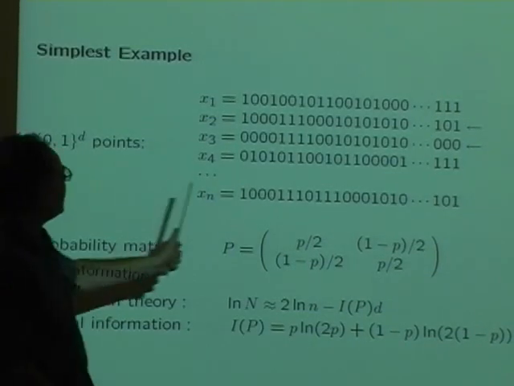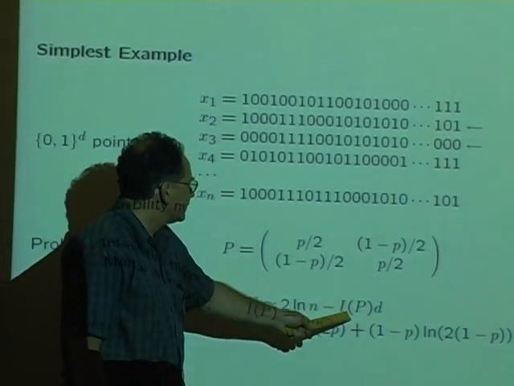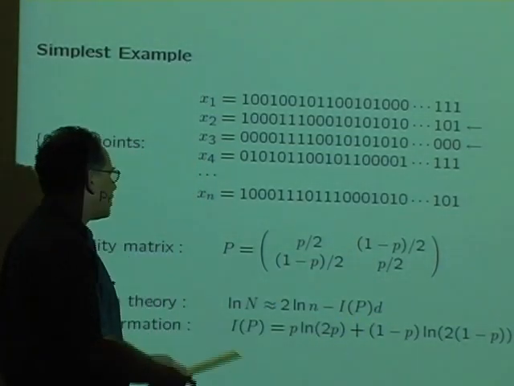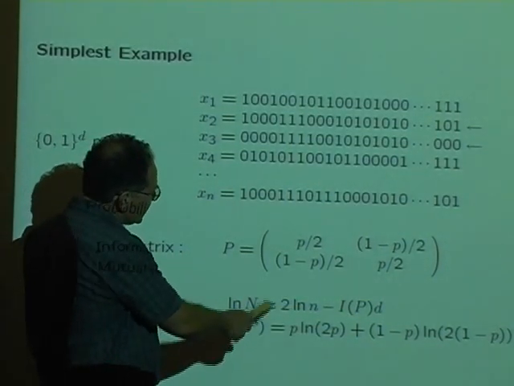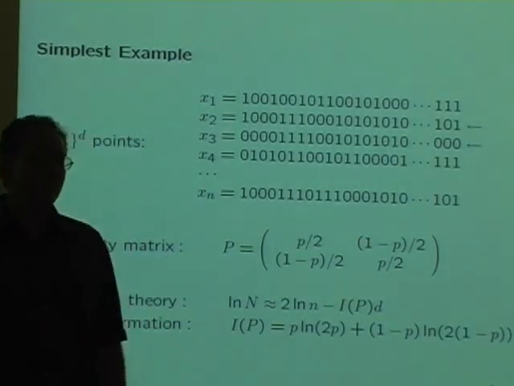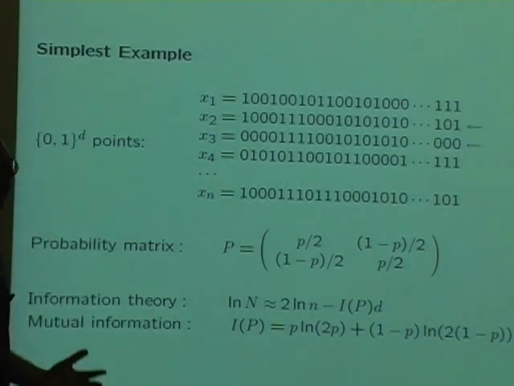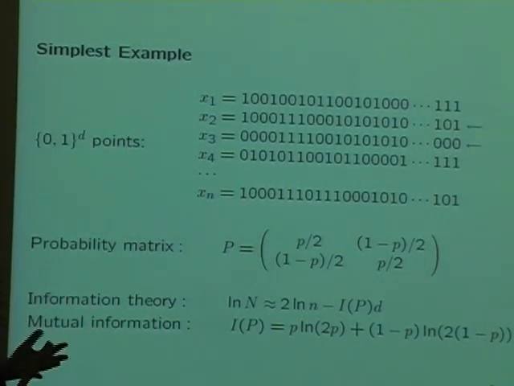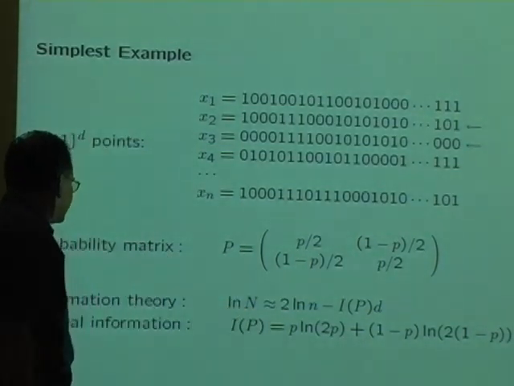Now we have d bits, so the total information is d times I of p. So I take the difference. Now, what does this number mean? If this is negative, it means that, yes, I have enough information to pinpoint the pair. If it's positive, it means, no, I can't pinpoint it, but maybe I can restrict it to a size of n possibilities. This is standard information theory.